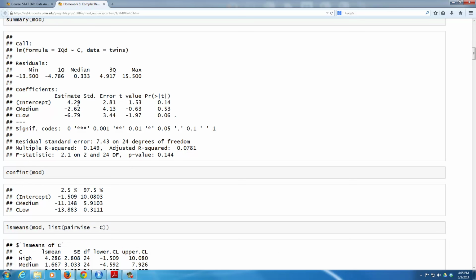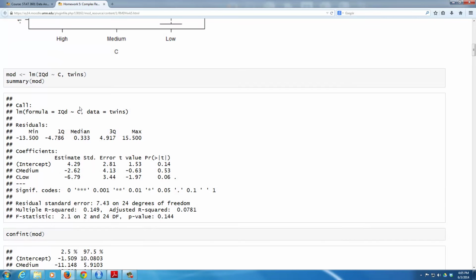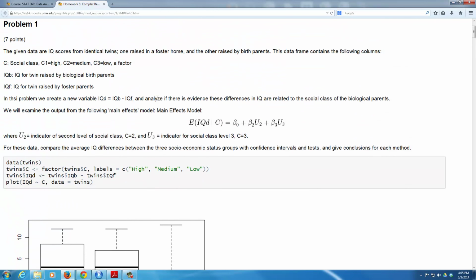We have an intercept of 4.29. We have an adjustment for medium of negative 2.62 and an adjustment for low of negative 6.79. Make sure you review the notes to understand these coefficients, because the intercept is going to be interpreted by plugging into the model the U variables U2 and U3 both being equal to 0.